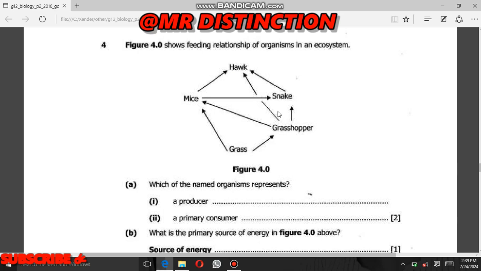If you use this route, hawk is qualified to be called a secondary consumer. Again, if we use this route, hawk is also qualified to be called a tertiary consumer because it is feeding on this secondary consumer. So we have hawk and snake.